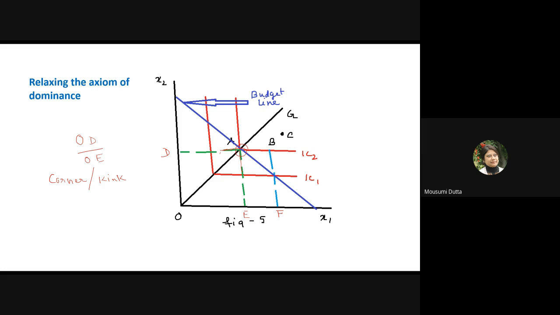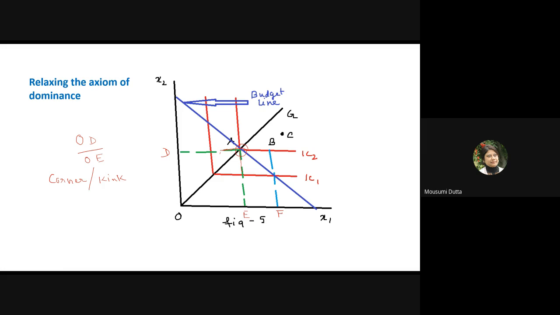So there is some degree of dominance, however, that is only weak dominance, not strong dominance, which we get in the context of negatively sloped, perfectly convex indifference curves. So that kind of dominance is absent here.